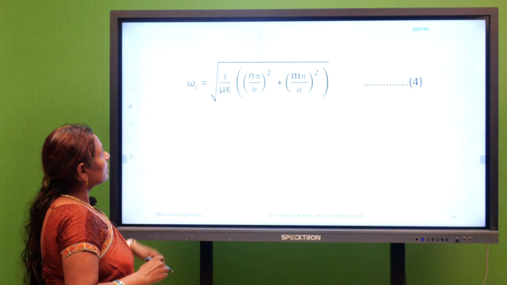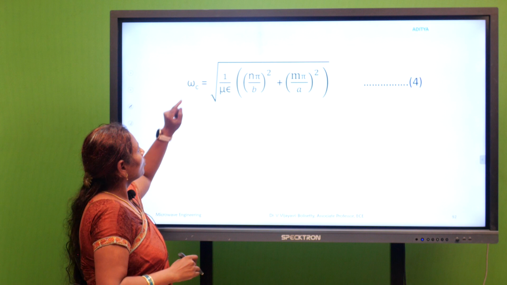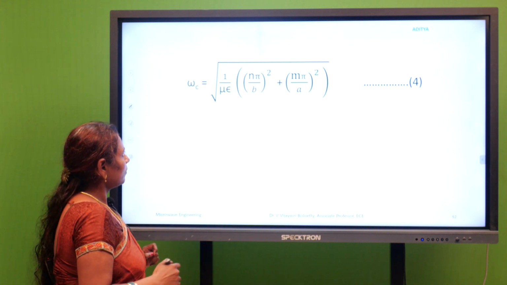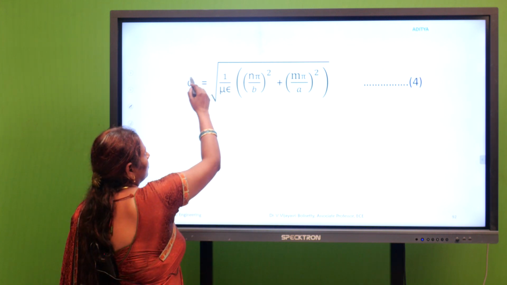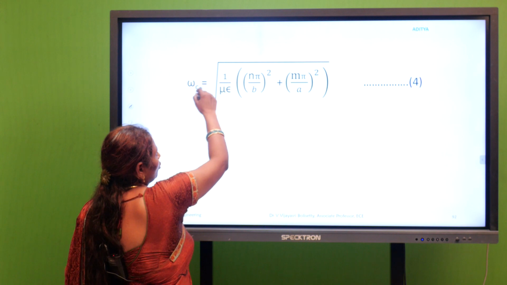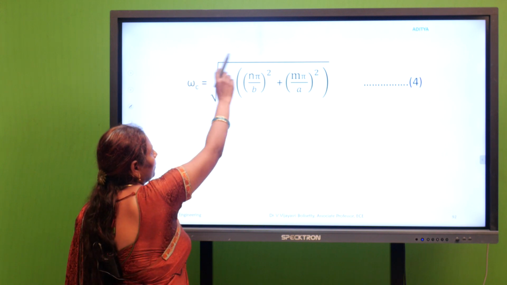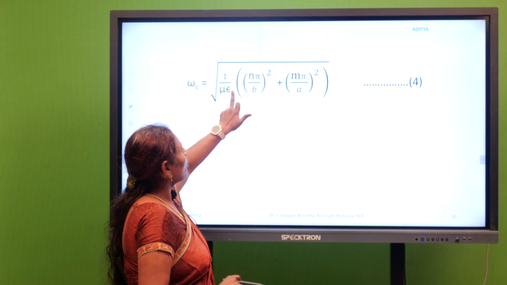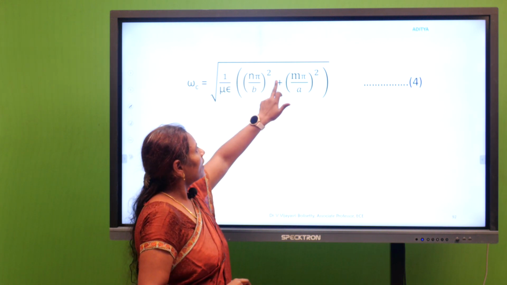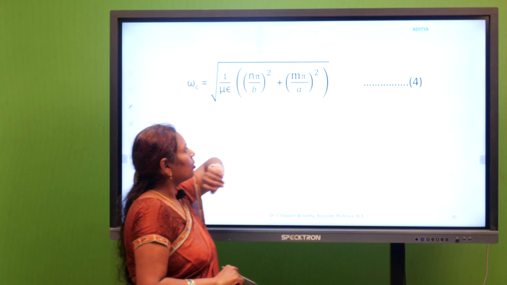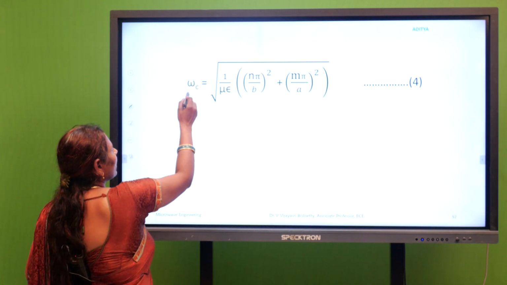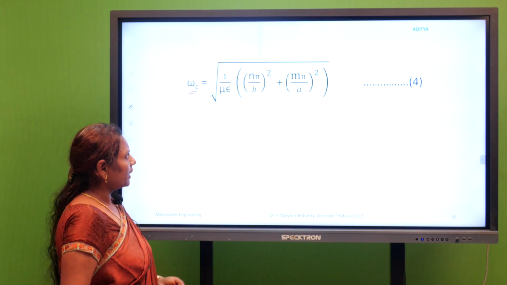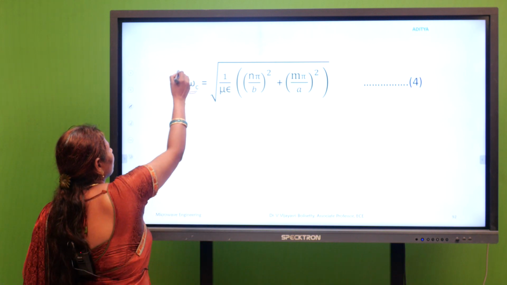So what is omega c? Omega c is equal to the root of... bringing mu epsilon to this side and applying the square root, you are going to get the square root of 1 by mu epsilon times (n pi by b) whole square plus (m pi by a) whole square, and this omega c can also be written as 2 pi fc.